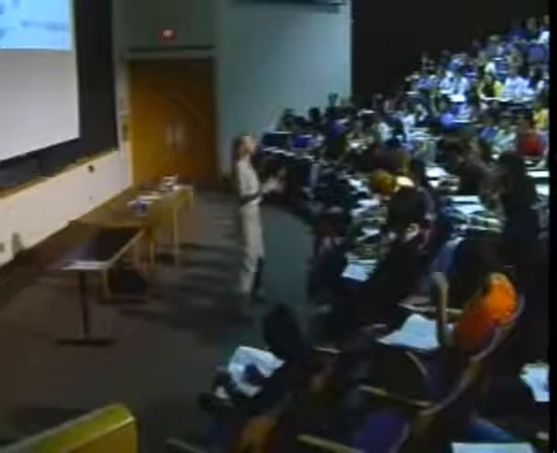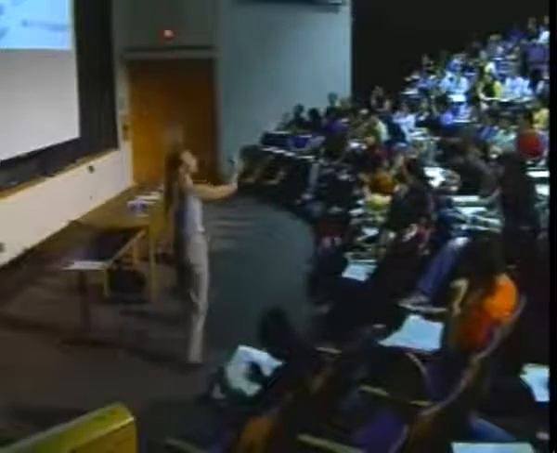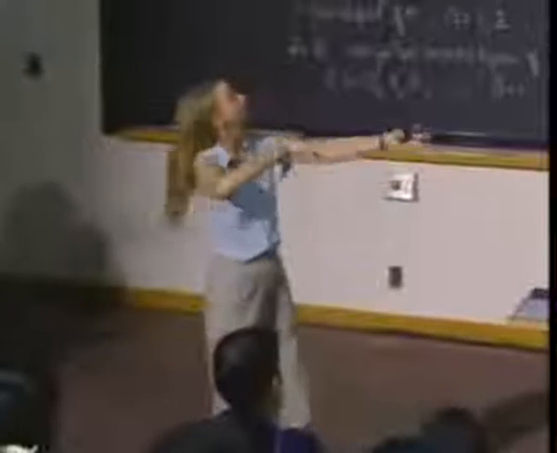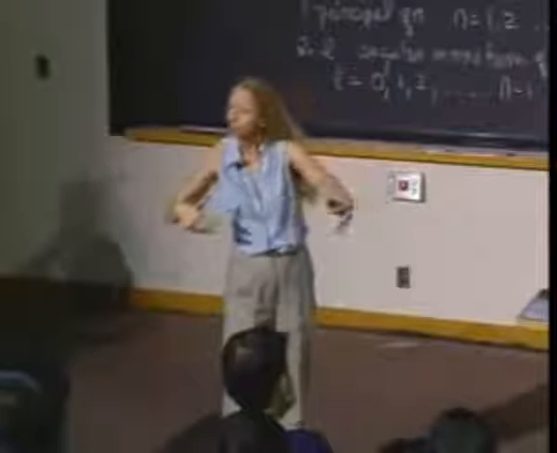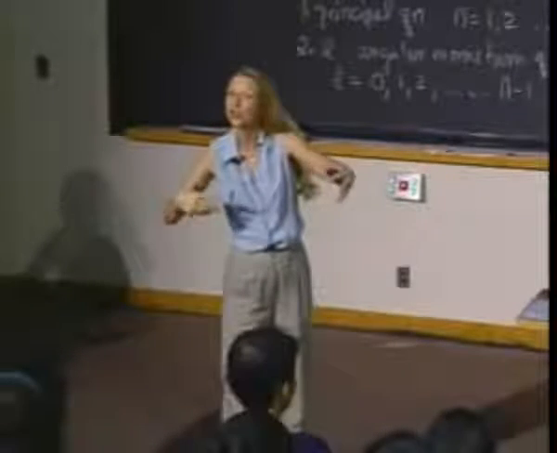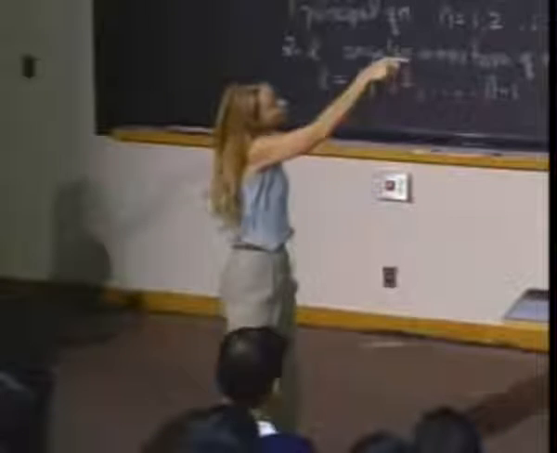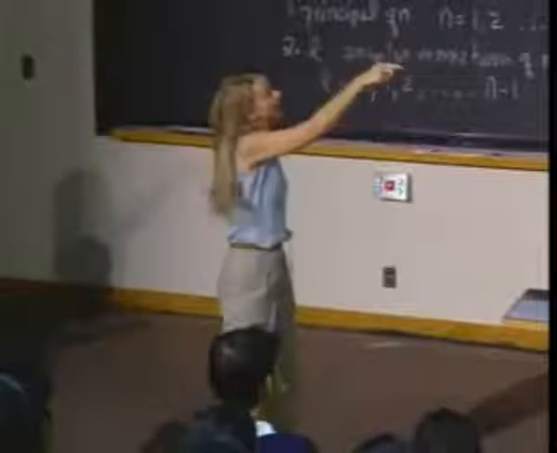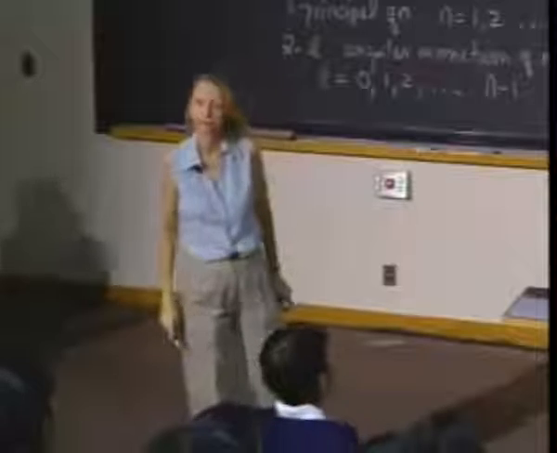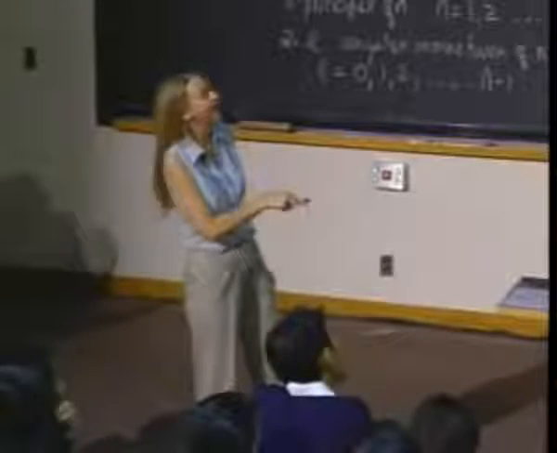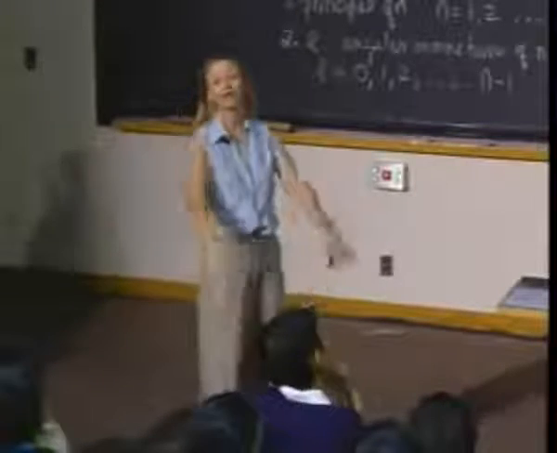And what we do is some linear combination of the M equal 1 and M equal -1 wave functions to get what we call the Px wave function and the Py wave function.